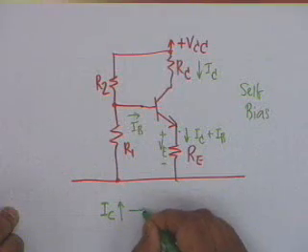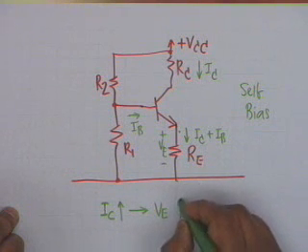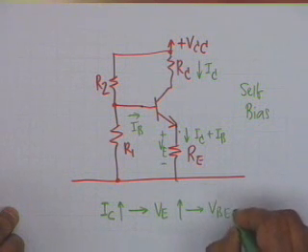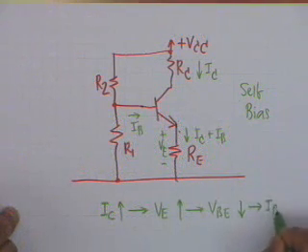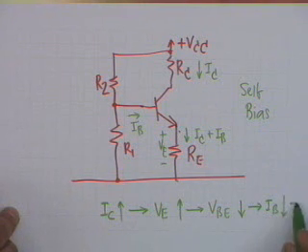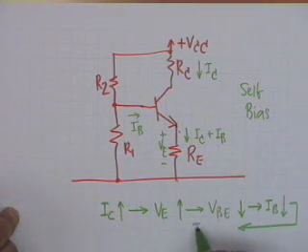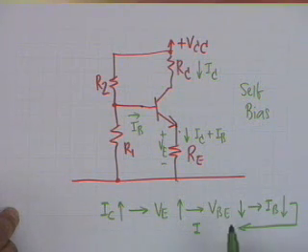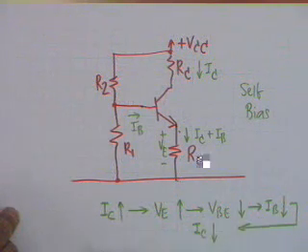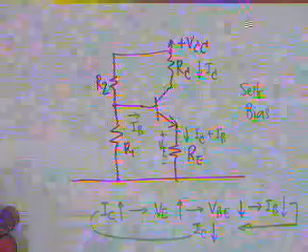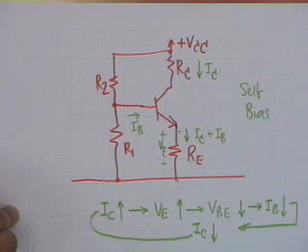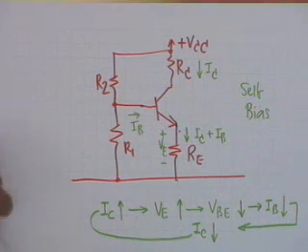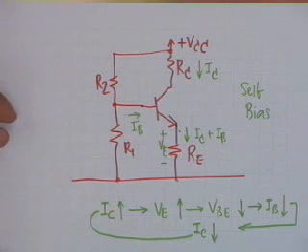Therefore I sub C increase means VE increase, which means VBE decrease, and VBE decrease means I sub B decreases, and I sub B decreasing shall mean that the collector current, which is approximately beta times I sub B, shall decrease, and therefore the increasing tendency of I sub C shall be arrested, and I sub C shall be stabilized. Qualitatively, this is the explanation of the bias stabilization due to the self-bias circuit.